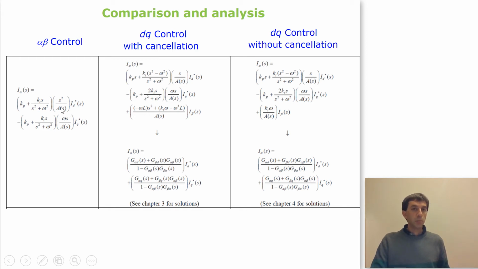We see a very simple and compact transfer function for alpha beta control, something similar but maybe more complicated because another term appears here and another term here that does not appear here. Here we have the coupling, the dependence of the alpha current on the beta current.